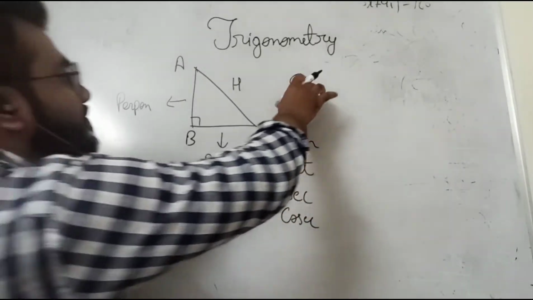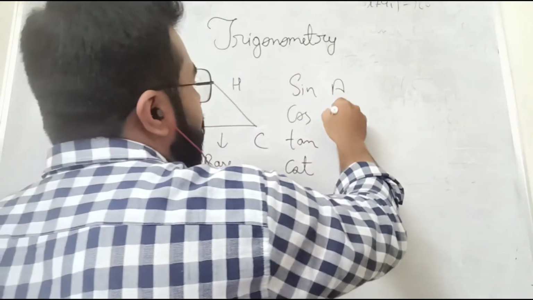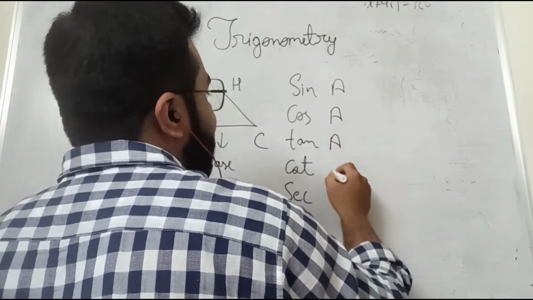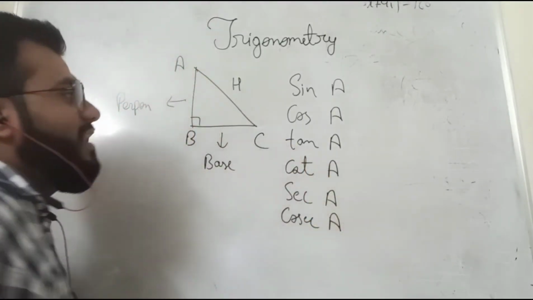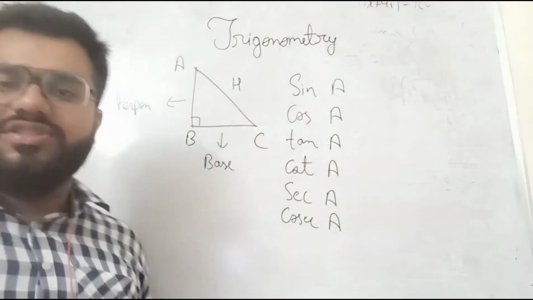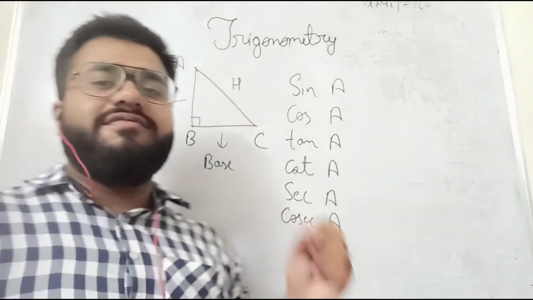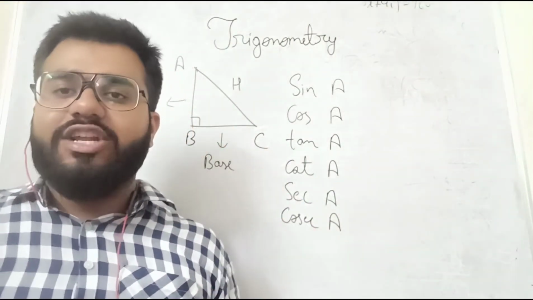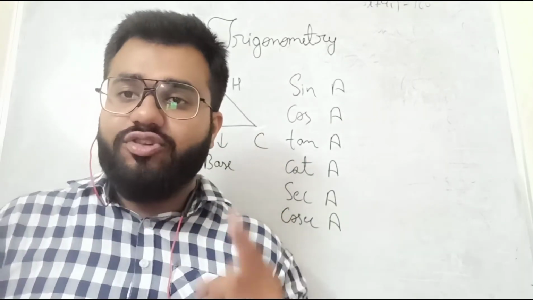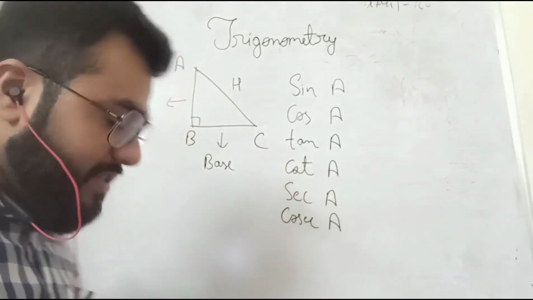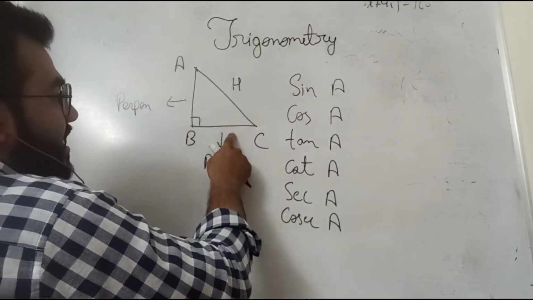We are finding the sine of angle A, cos of angle A, tan of angle A, cot of angle A, sec of angle A and cosec of angle A. All the trigonometric ratios here will contain angle A. Keep one thing very clear in mind: if you are going to find the trigonometric ratio for any particular angle, the side which is opposite to that angle is always considered the perpendicular. This means that if I am considering angle A, the side which is opposite to this angle is considered the perpendicular.